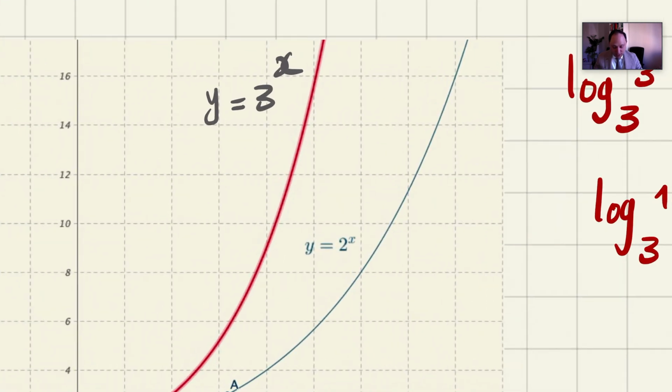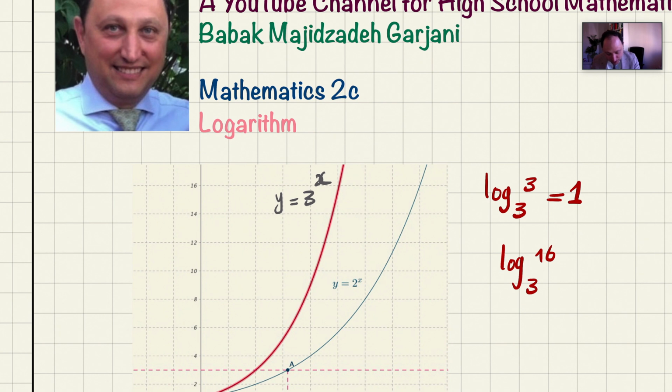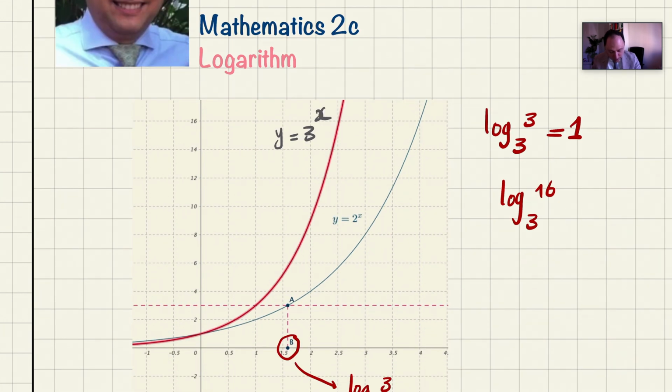Yes, you see, even if I zoom it, it is not that clear. So it seems that if I go here and then go down, it is that number. But this is not correct, because I know that the answer is not 2.5. I will teach you how to do these things analytically. It seems probably a good guess, which is not correct.